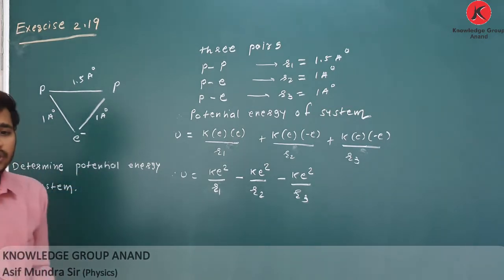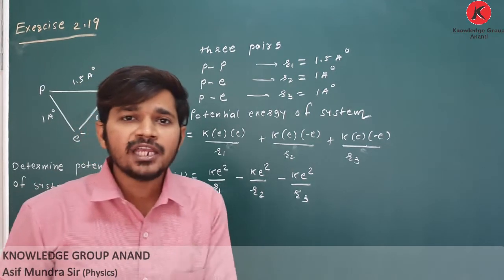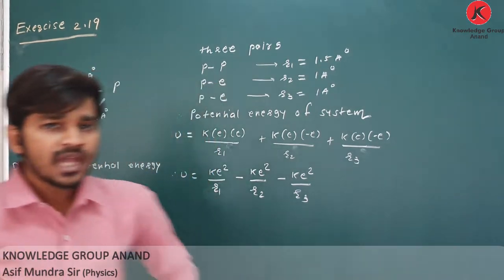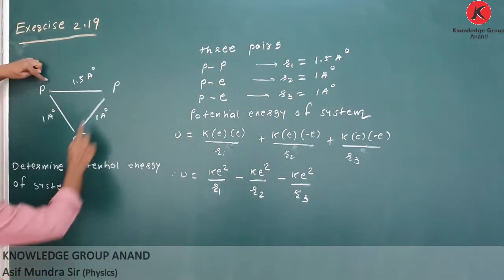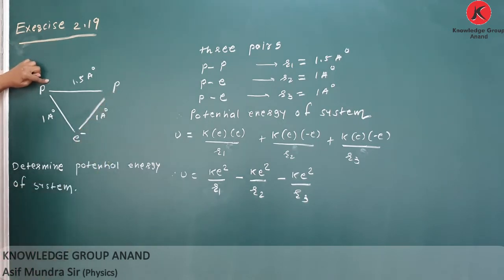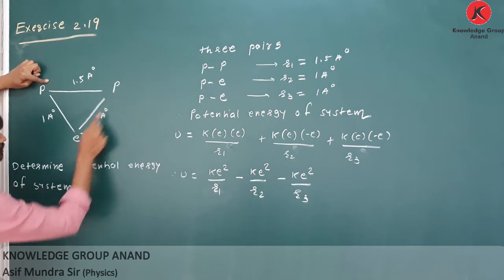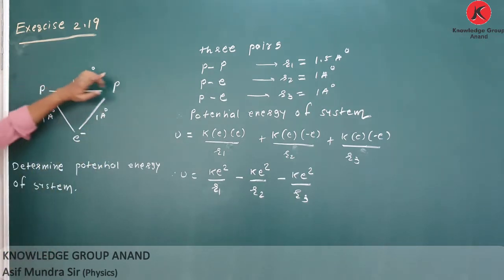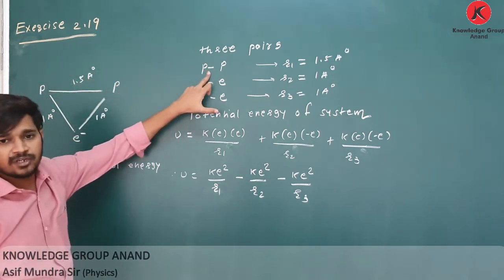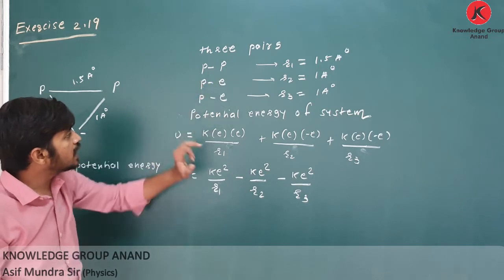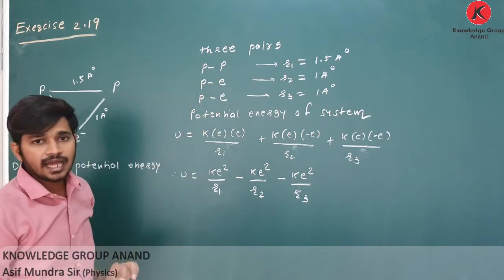First of all, for these three charges, identify the number of pairs. Yes, first pair between proton and proton, second pair between proton and electron, and third pair between this proton and electron.